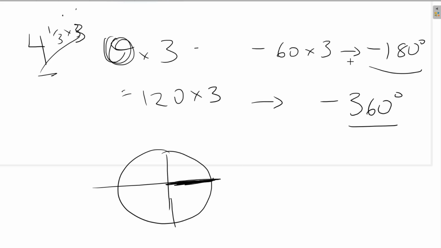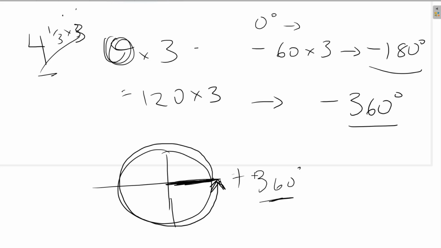If we start at 0 degrees and move one circle, we end up at 360 degrees, which in essence is the same as 0 degrees. 720 degrees, a second circle, is also the same as 0 degrees, and so on.